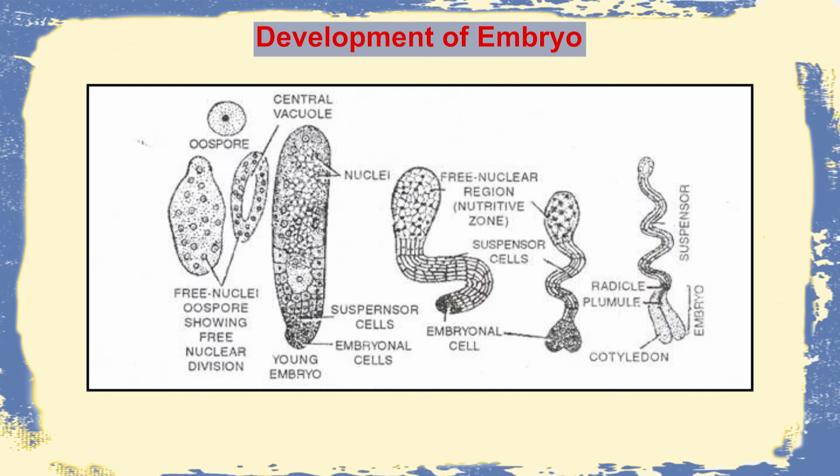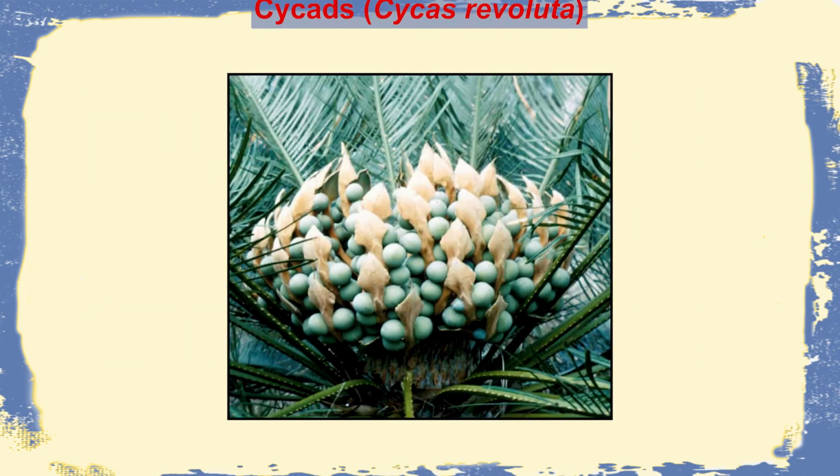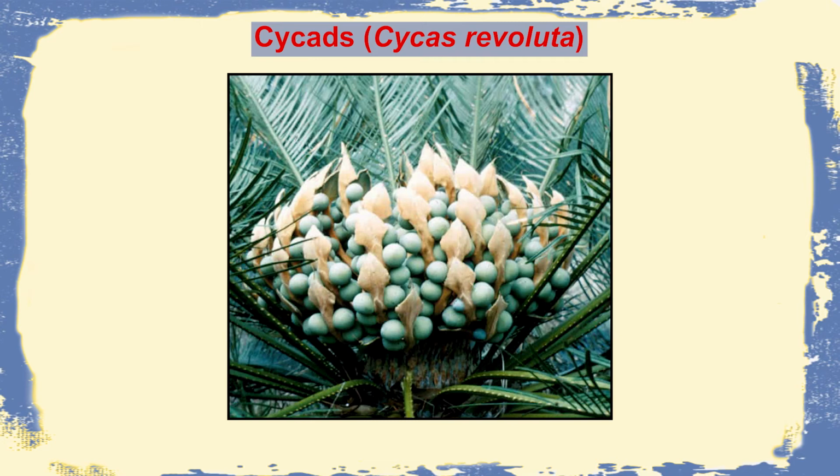So, what we can see here, the nutritive zone and the proper embryo are connected by a long tail-like zigzag structure, which is typically called the suspensor. And gradually this particular embryonal cell will develop into cotyledon, and finally it will develop into an adult plant, but this remains inside the seed, which will germinate and the plant will grow.